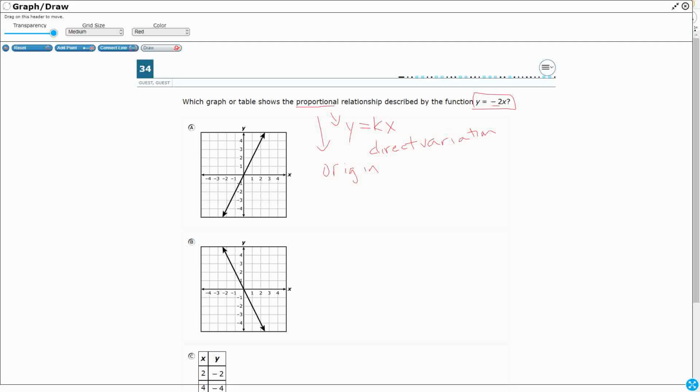Now, looking at that negative 2, it actually tells us two things. First, we've got a negative symbol, which means it is a downward slope.